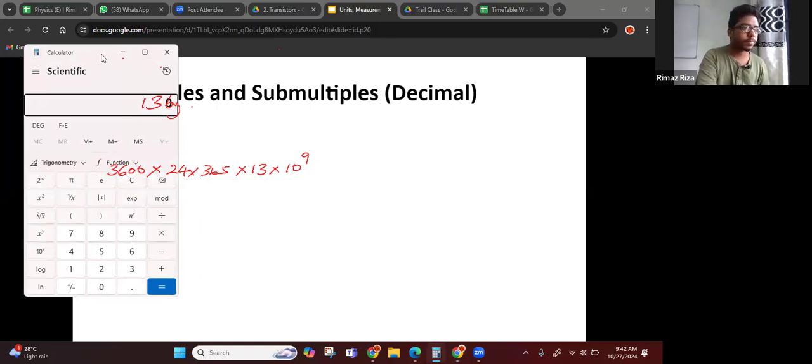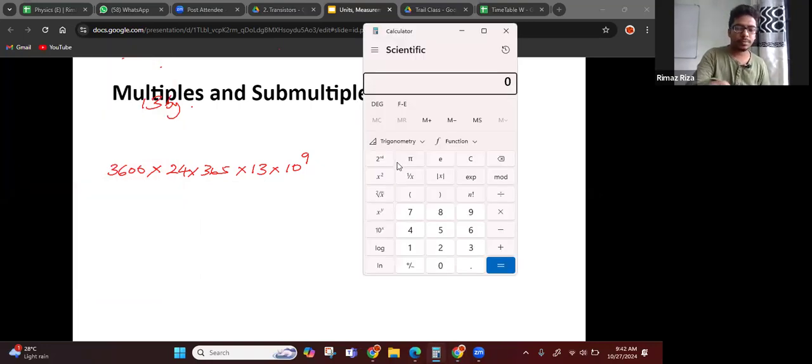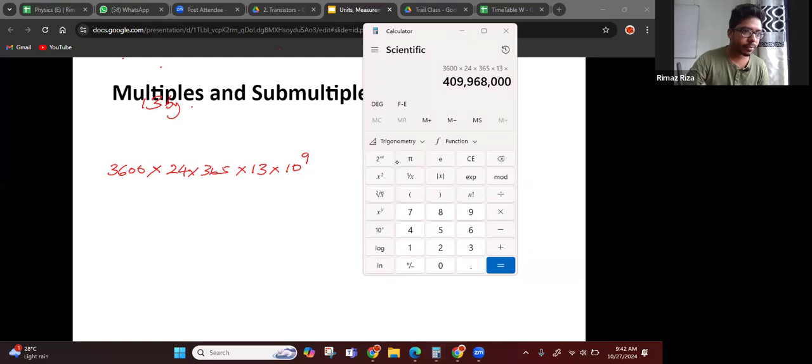So if you multiply this, we get 3600 into 24 into 365 into 13 into 10 to the power 9. I'll keep the 10 to the power 9 aside.